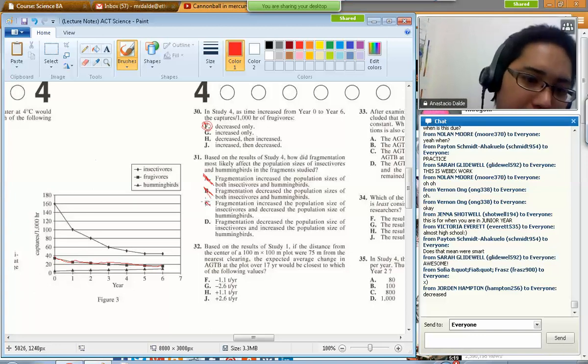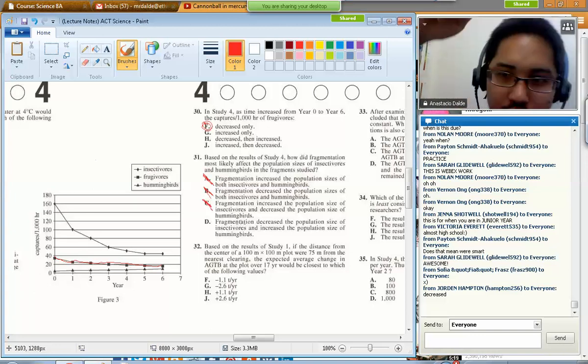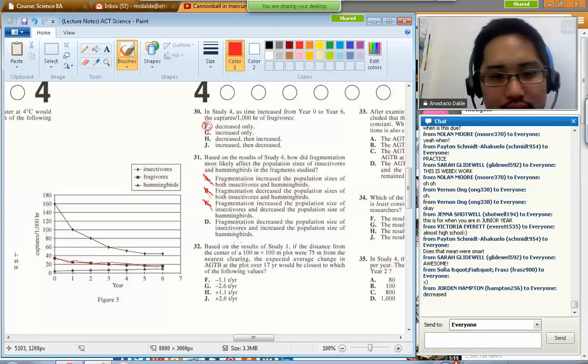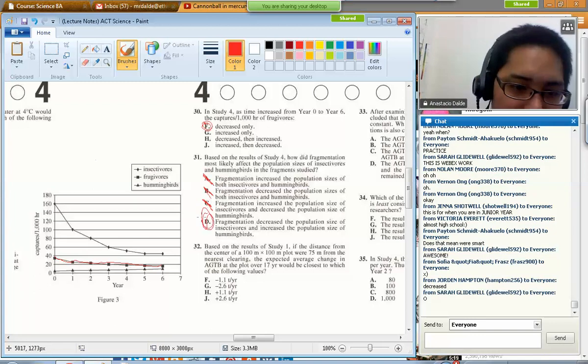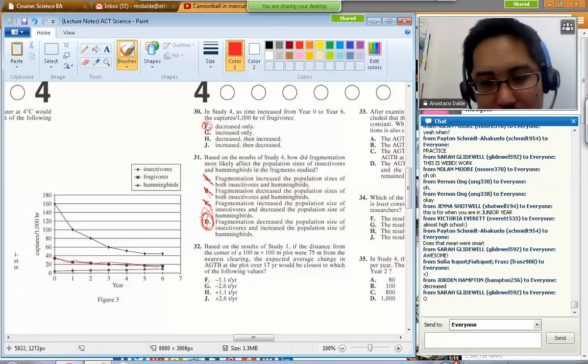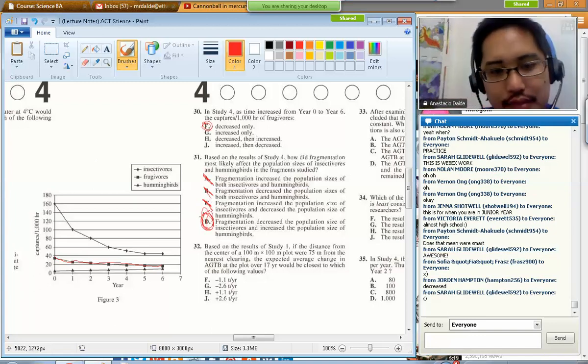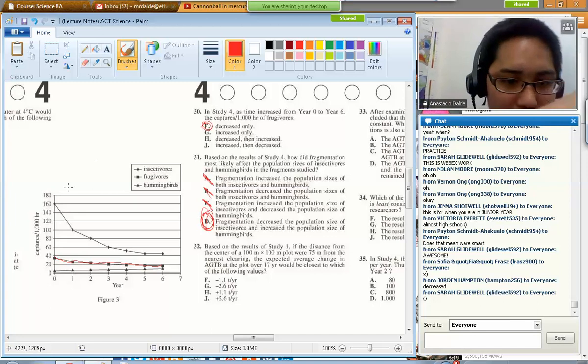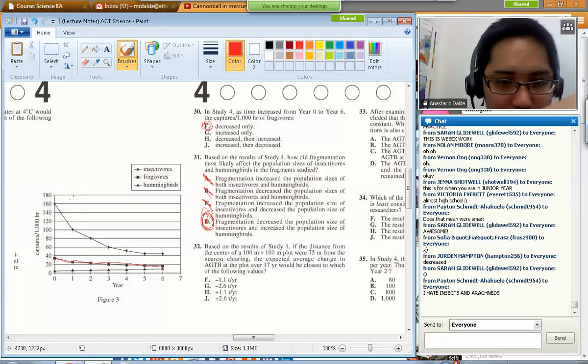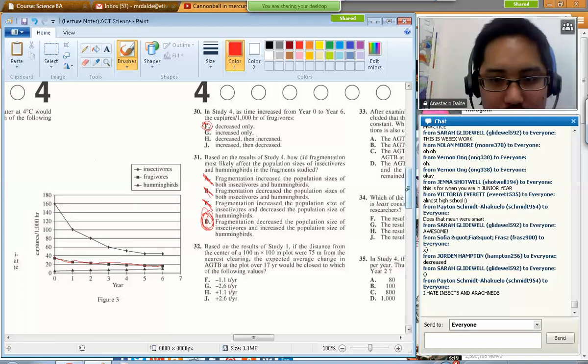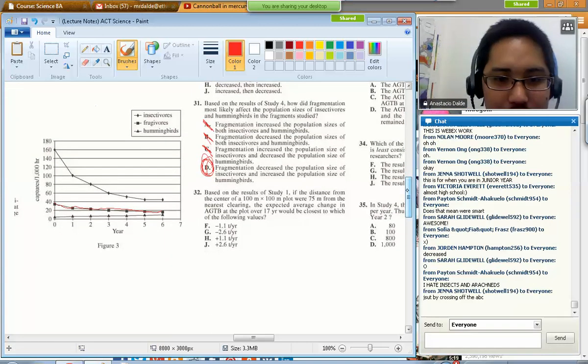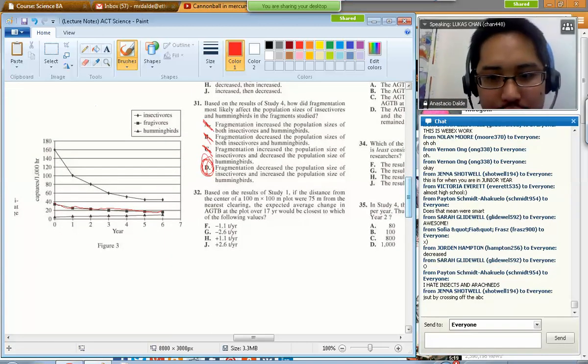I'm going to say no right off the bat because look at the insectivores, they went down. So the answer is D, and that's it. That's all it is, D. Because the insectivores decreased and the hummingbirds increased. Does that make sense? All right.